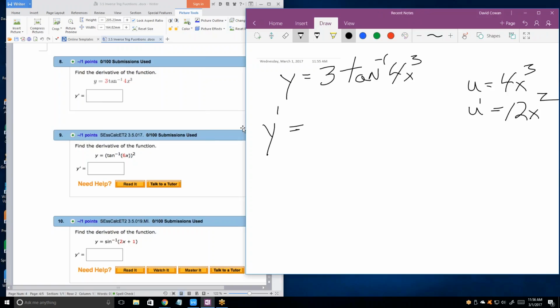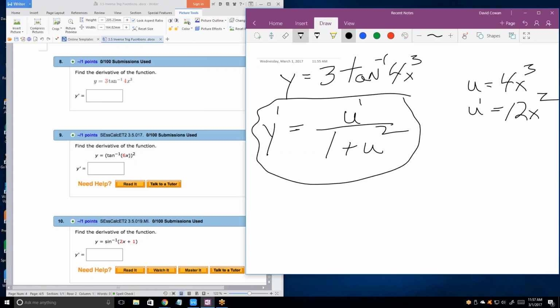So y prime, instead of 1, I'm always putting u prime in the numerator, because I'm always going to multiply this thing by u prime, and when you multiply 1 over 1 plus u squared by u prime, you get u prime over 1 plus u squared. In my calculus book, when I look up the derivative of inverse tan, this is always the answer it gives me.